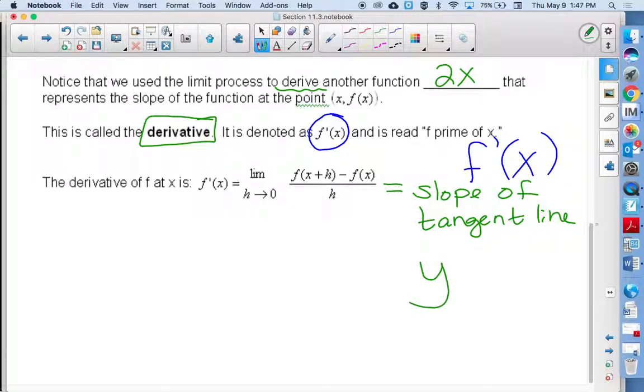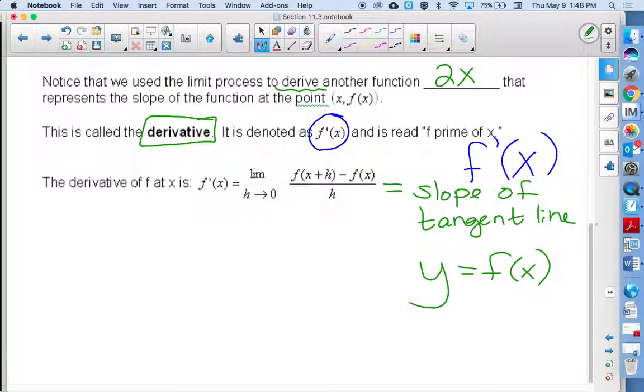Just like when we learned functions, y and f of x are exactly the same. f of x is showing we have a function, y is still a function, they still represent the same thing. The derivative is the slope of the tangent line. They're interchangeable. The derivative is more like just looking at the equation, and the slope of the tangent line is attaching it to the graphical curve. Questions?